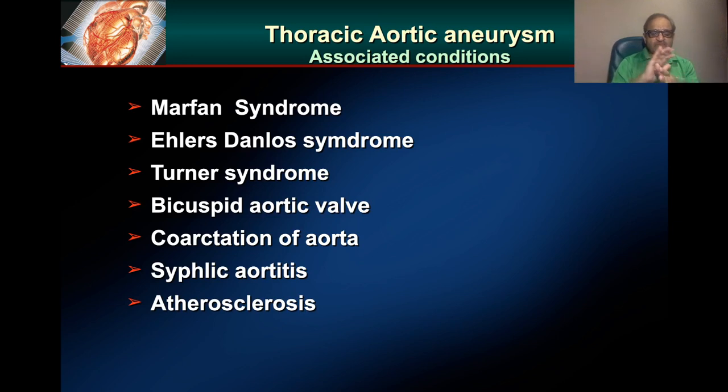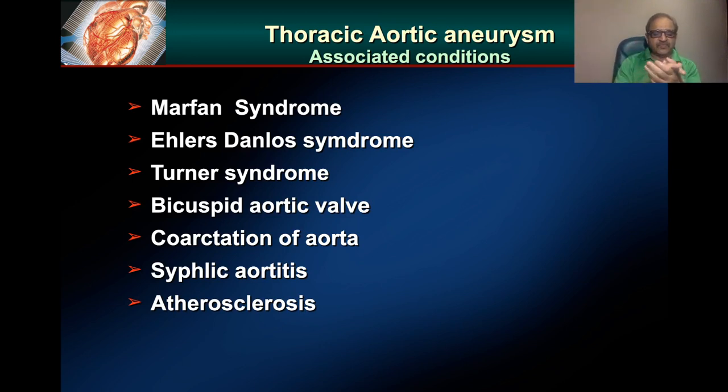I will show what Marfan syndrome is, but this is a condition in which the patients have some chest deformities, they have kyphoscoliosis, they have got a long stature, and the fingers are again long, and the fingers are hyperextensible, and then they have aortic disease in the form of dilated aortic root, bicuspid aortic valve and mitral valve prolapse.